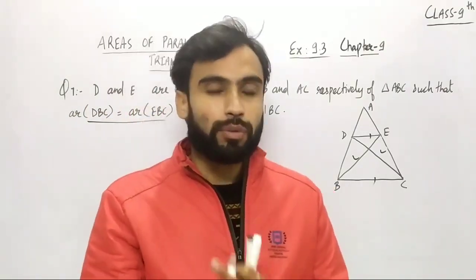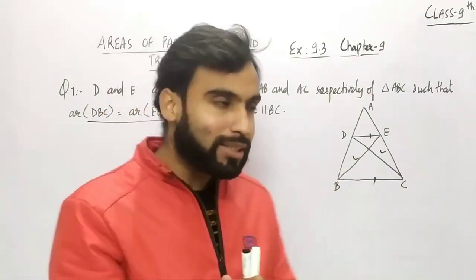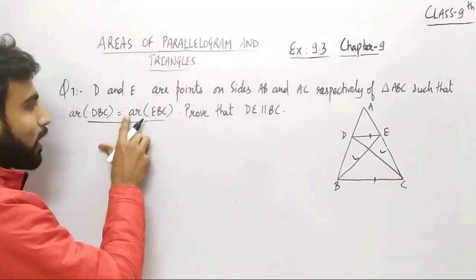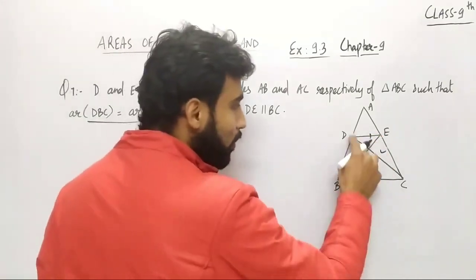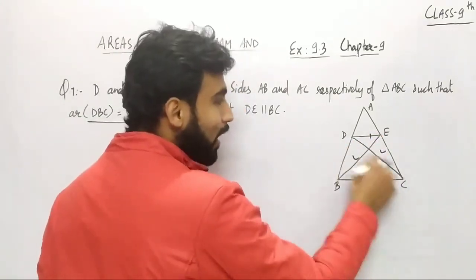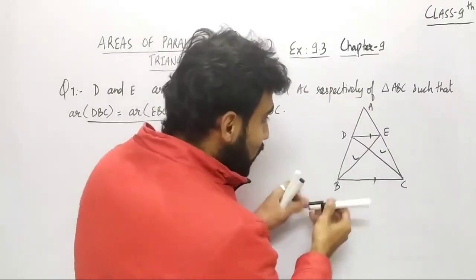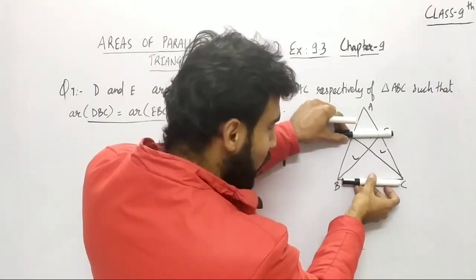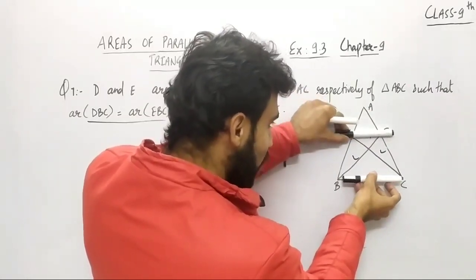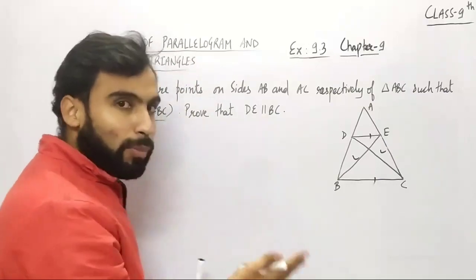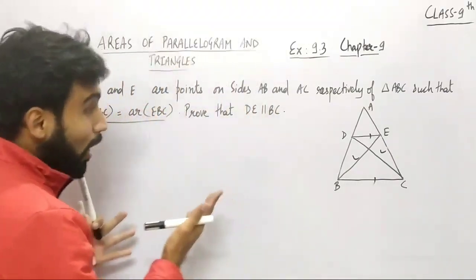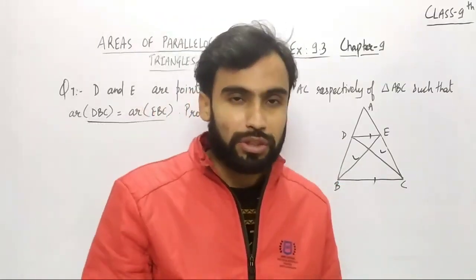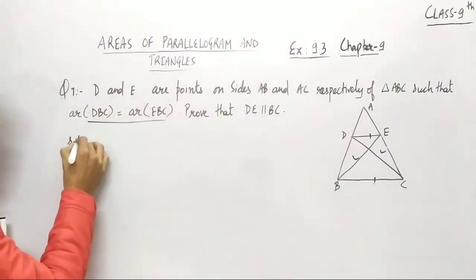As we know, the triangles lying on the same base BC and having equal area, area of DBC equal to the area of EBC, will definitely lie between same parallels with the property of triangles, right? So that means this DE is going to be parallel to BC, which is our motto in this question. Quite an easy question, just a single property leads you to the solution. So starting off, you can see the solution here.